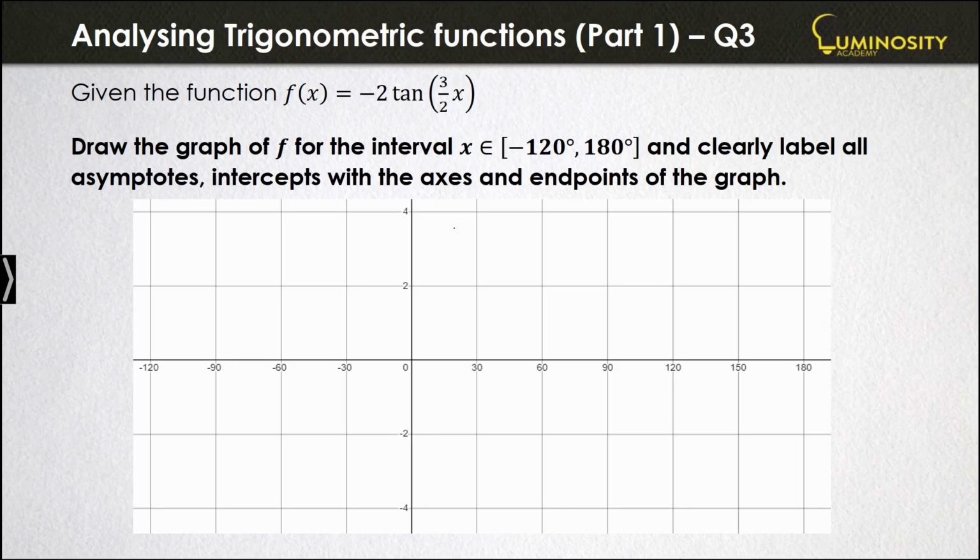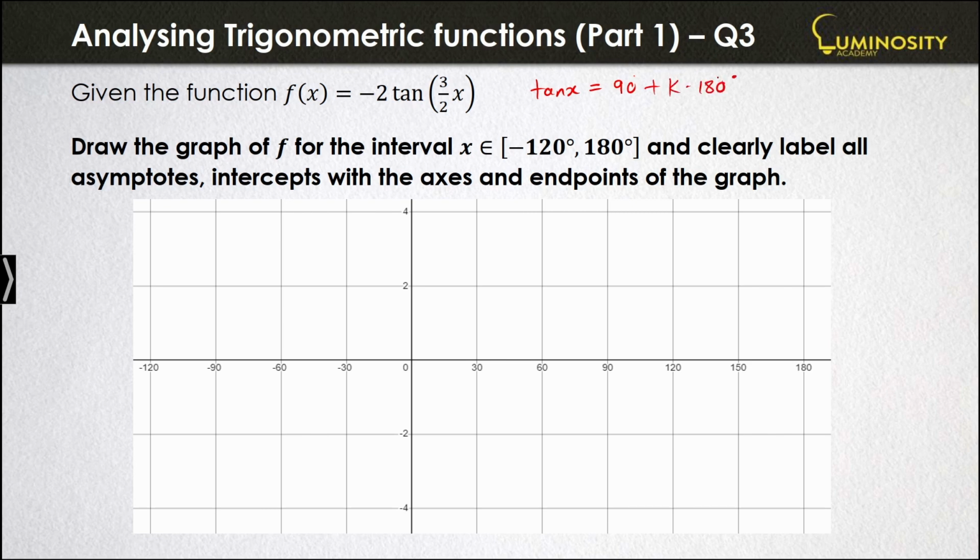Now we want to draw the graph of f in the given interval and clearly label all asymptotes, intercepts with the axes and endpoints of the graph. So first things first, I go for asymptotes when it comes to tan. I know that in general for tan x, the asymptotes are 90 degrees plus k times 180 degrees.